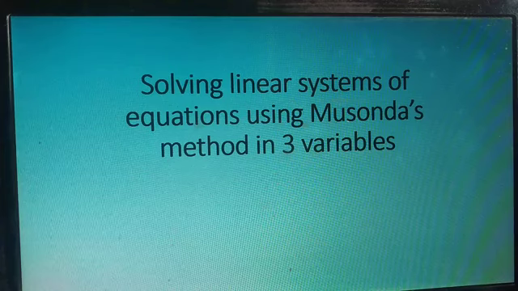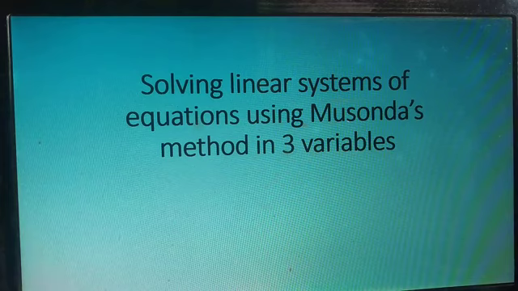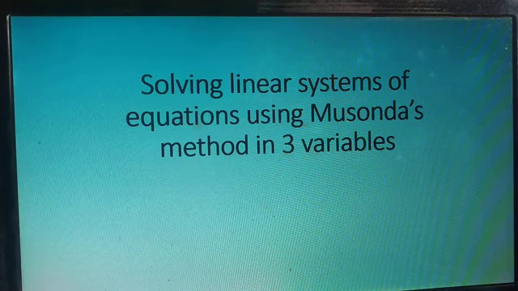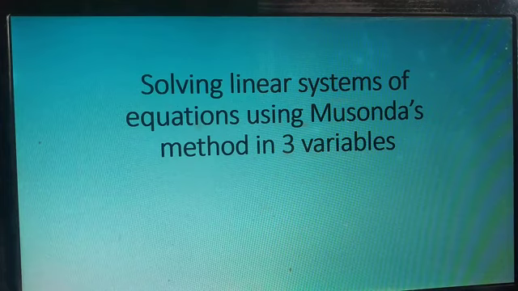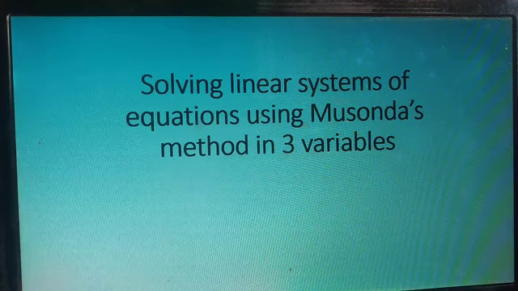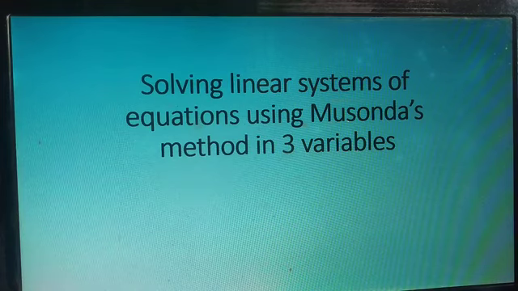In today's video, I'll be showing you how we can solve linear systems of equations using Musonda's method in 3 variables. Last time in the video I posted, I was solving systems of equations using Musonda's method in 2 variables.